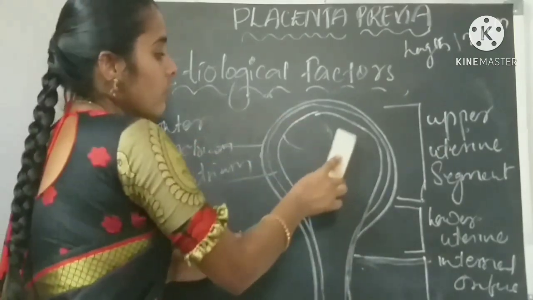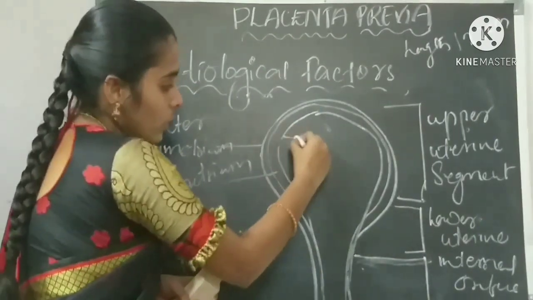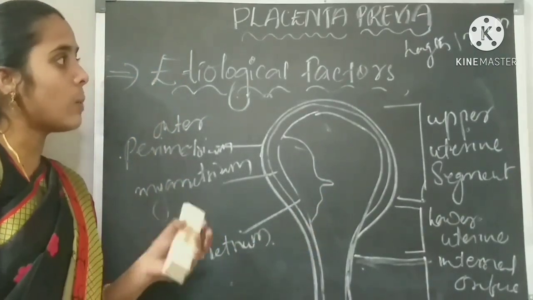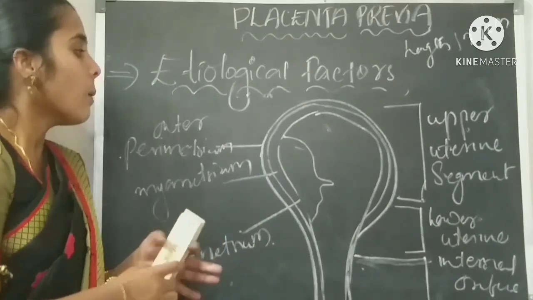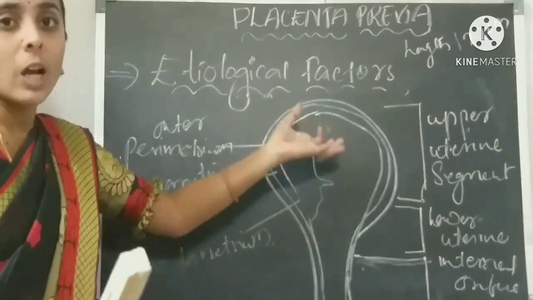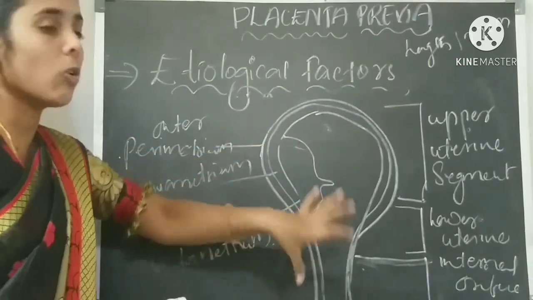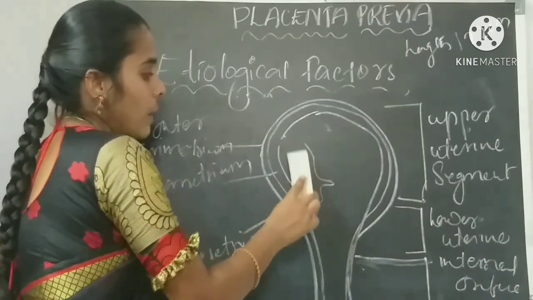Therefore the placenta will lag down, means it will pull down to the lower segment. If the length of the placenta is more, the placenta will not fit in the uterus, which leads to lagging down into the lower uterine cavity. So this is another cause of placenta previa.